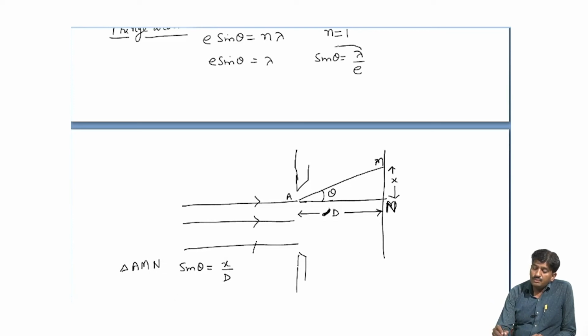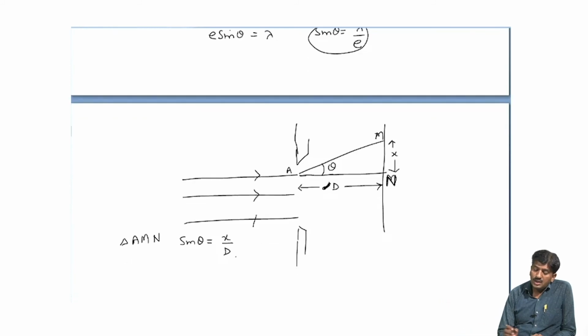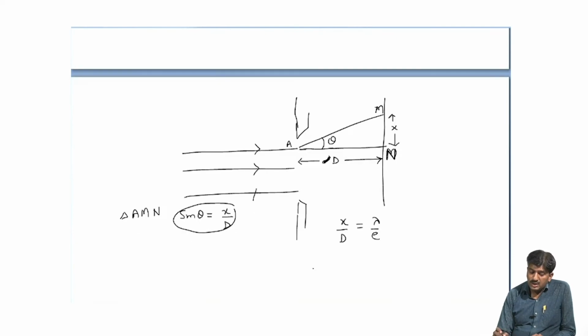and from the earlier equation sin theta is lambda upon e, and from this diagram sin theta is x upon D. It means x upon D is equal to lambda upon e, so x is lambda capital D upon small e.